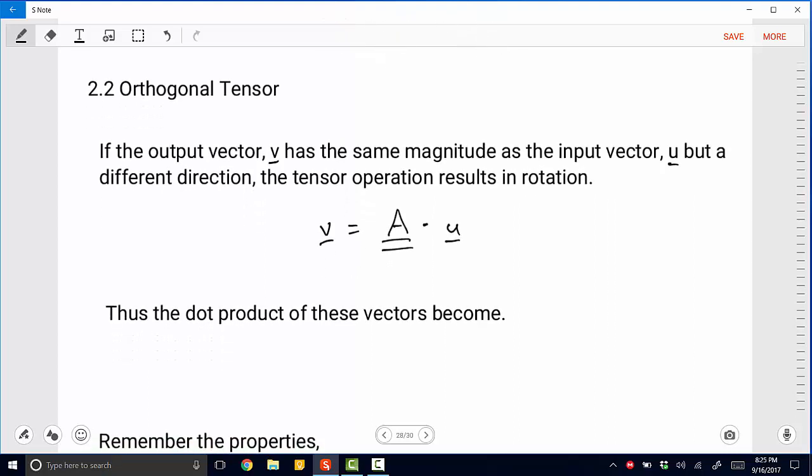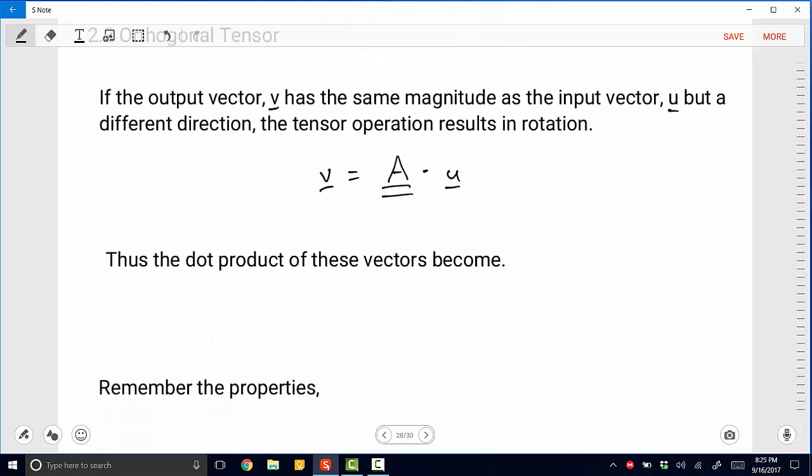So then if we do the dot product of these vectors, say we did the dot product of v with respect to itself, well, we know that would be the magnitude of v times the magnitude of v times the cosine of 0, which gives us v squared, right? Similarly, if we did the dot product of u with u, we get u squared, u cosine of 0.